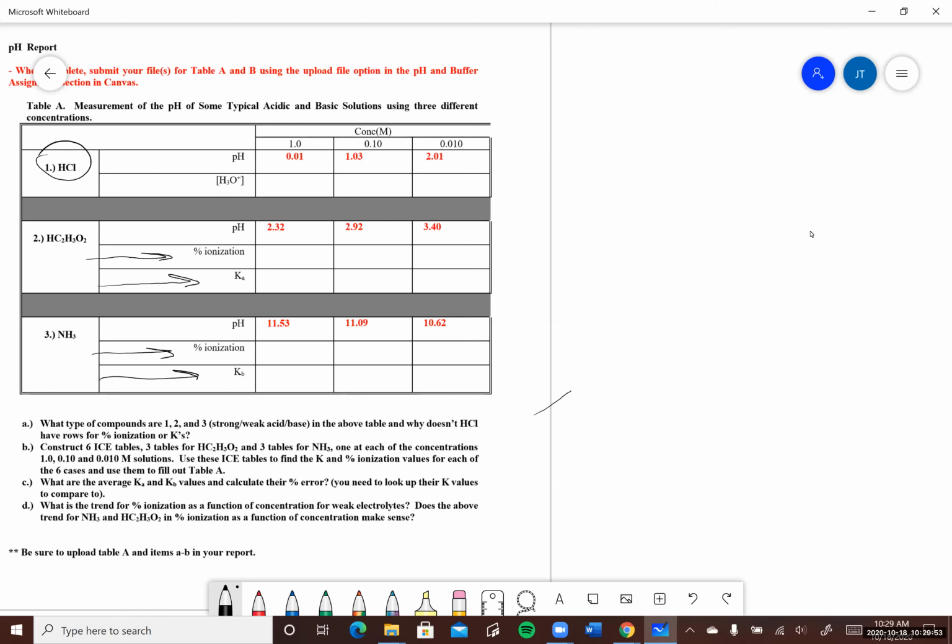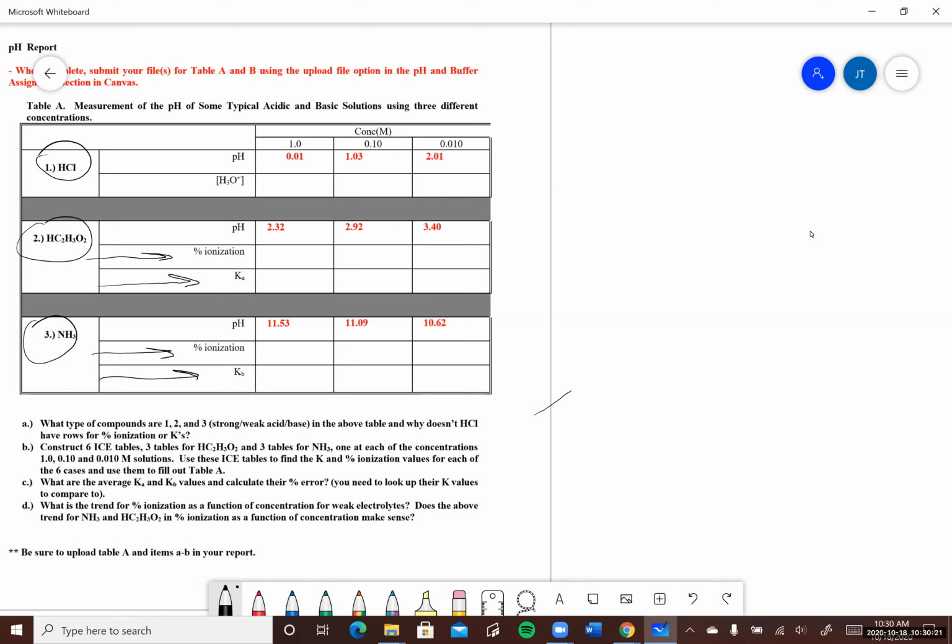B, you're going to construct 6 ice tables for this case, acetic acid and the ammonia. So you're going to do your ice tables for them and put in the concentrations and use the pH in order to calculate Ka and percent ionization.